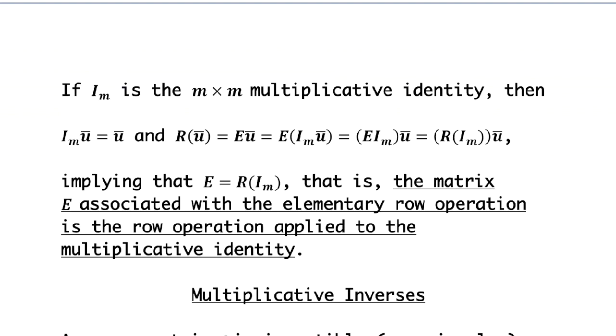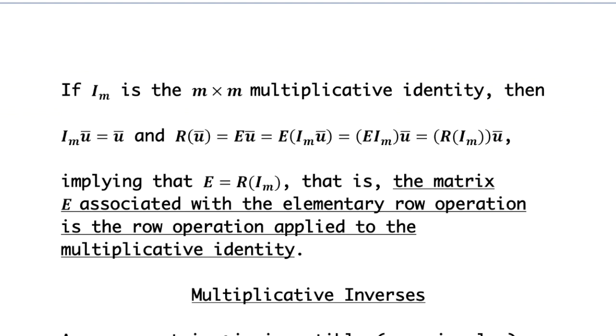I sub m times u should equal u for any m vector u, and R of u equals E times u, which is E times I sub m times u, which by associativity of multiplication of matrices is E I sub m times u, which is equal to R acting on the columns of I, in other words, R of I sub m, times u.